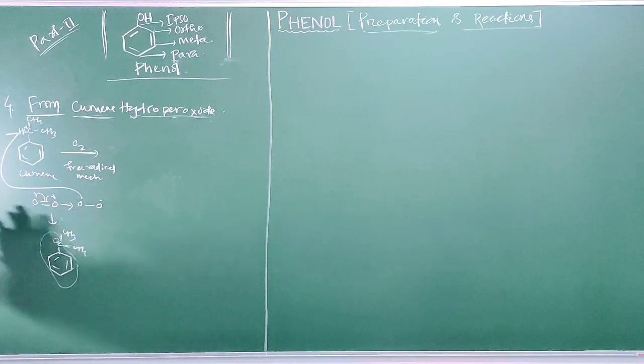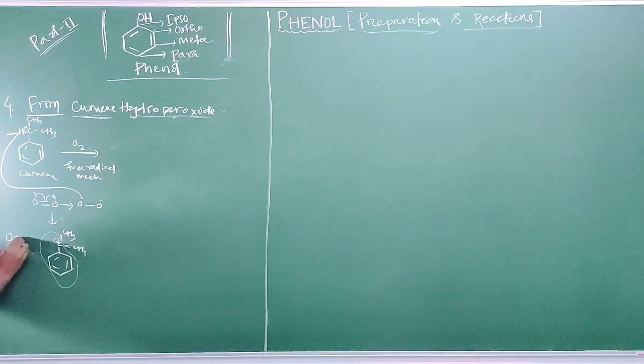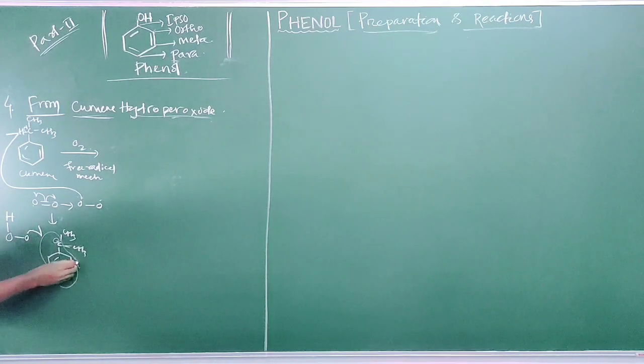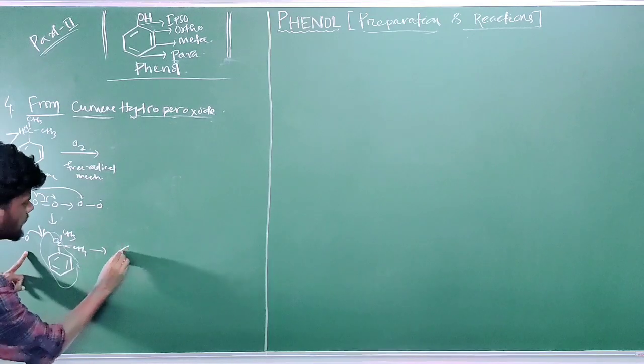So it forms a free radical. Next step, what will happen? The oxygen takes the hydrogen, oxygen attached to hydrogen, okay. Now on this side only one electron is left. So this electron combines with this carbon, the benzyl radical. Both share their electrons and pair up to form what?